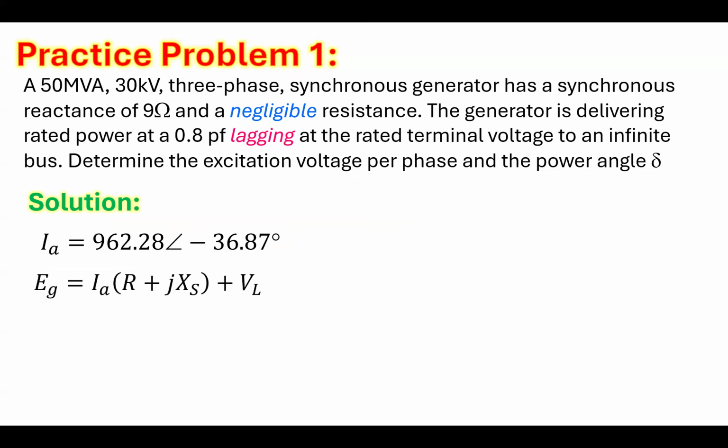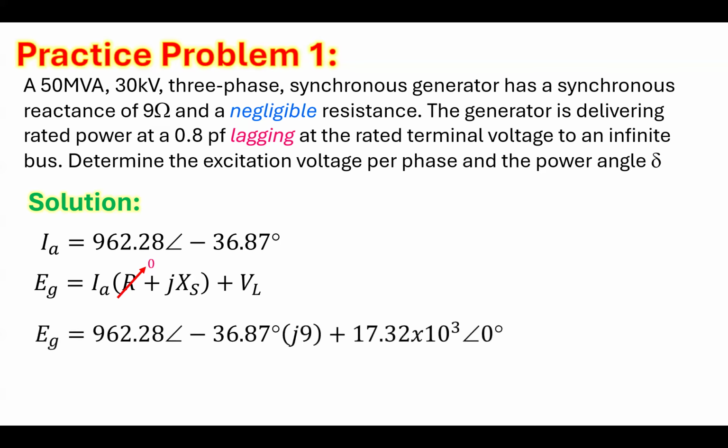So substitute all the values given for the generated voltage. Since we have negligible resistance, our equation will become 962.28 angle negative 36.87 multiplied by j9, the complex form, plus 17.32 times 10 raised to the third power angle 0 degrees.